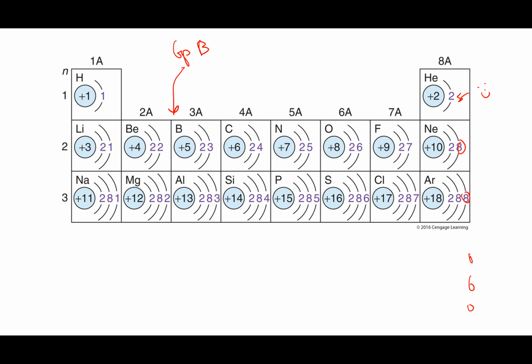What is the name of this group of elements, this 8A? Noble gases, perfect. These guys are noble gases. They're also called rare gases because they're so rare. And sometimes they're called inert gases. What does inert mean?